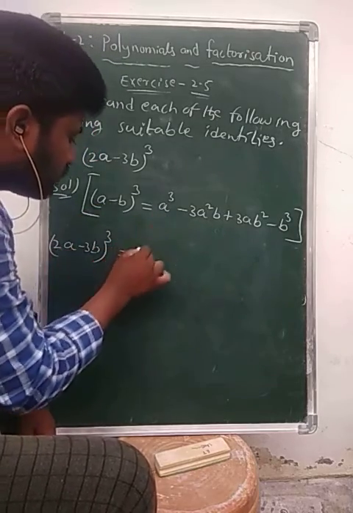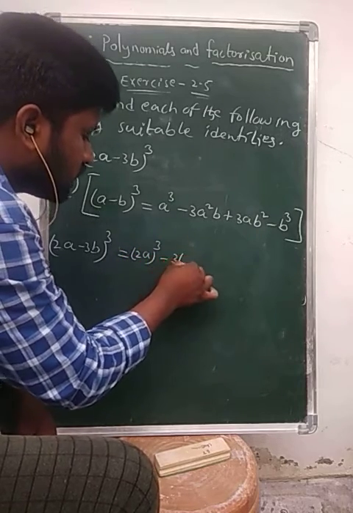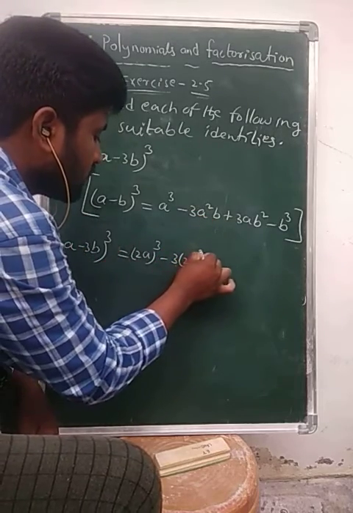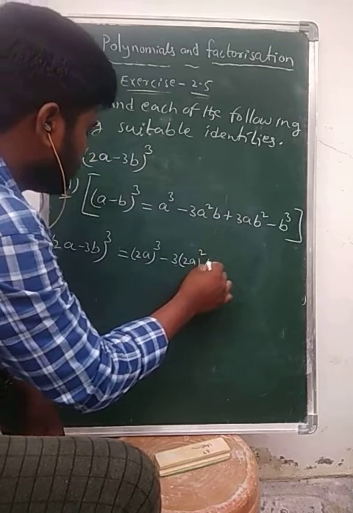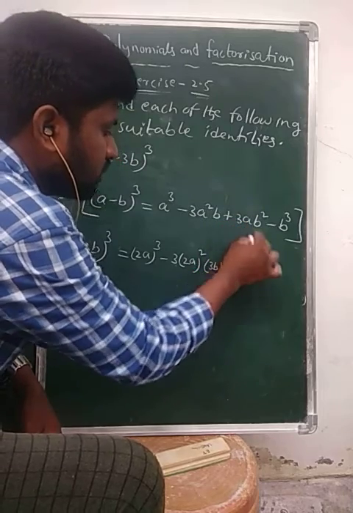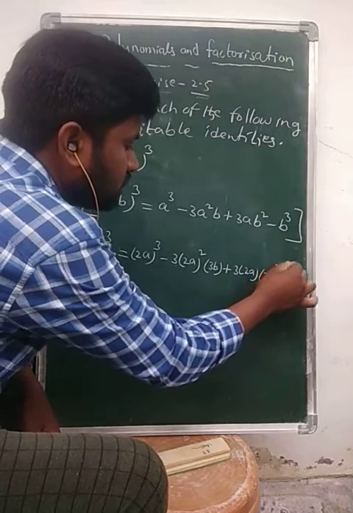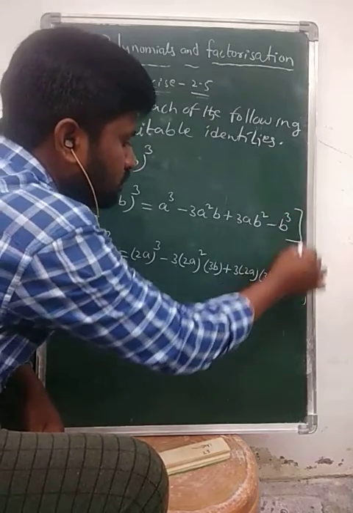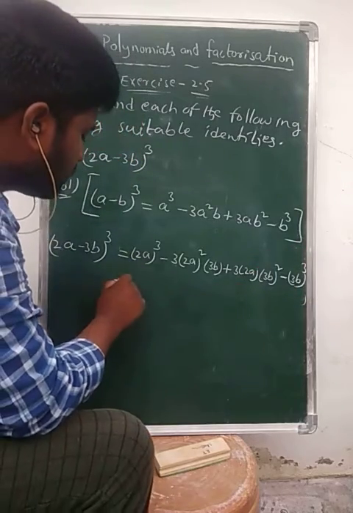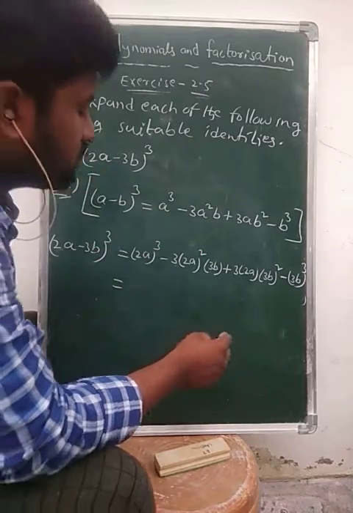That is 2a whole cube, minus 3 into a square means (2a) whole square, into b means 3b, plus 3 into a means 2a, b square means (3b) whole square, minus b cube means (3b) whole cube. Okay, simply I expanded, in the place of a, b, I just wrote 2a, 3b values.